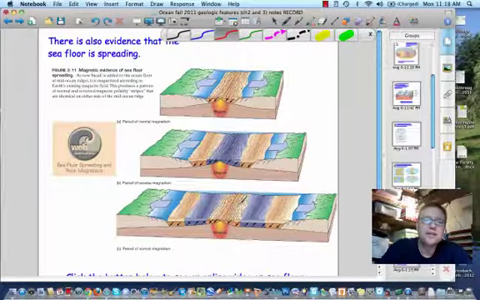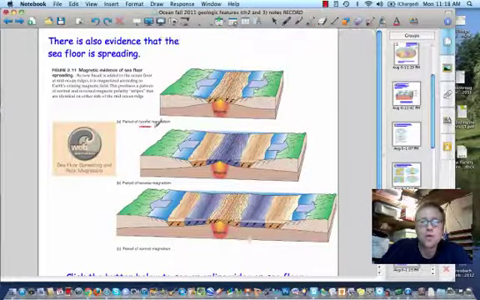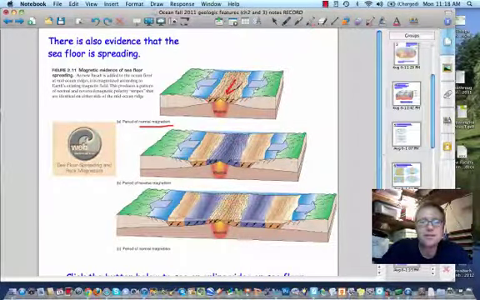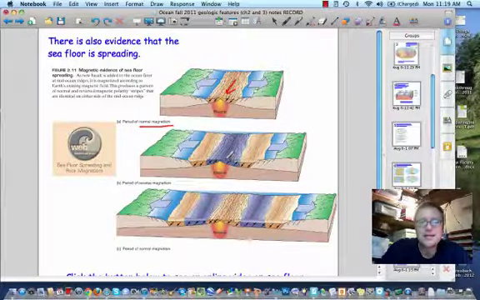And that got them thinking backwards. Perhaps these rocks were formed during a time of normal magnetism, where the poles were such that the South Pole was pointing in the southward direction, and the minerals in those rocks lined up that way. But then as time went on and the ocean was moving apart, the poles reversed.